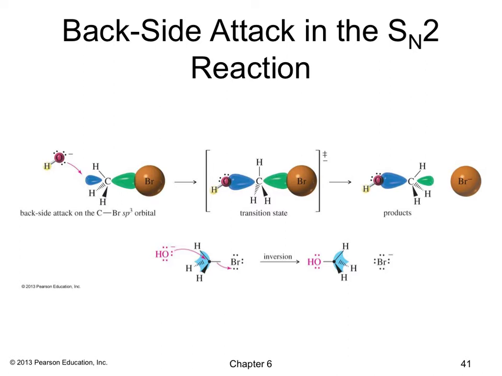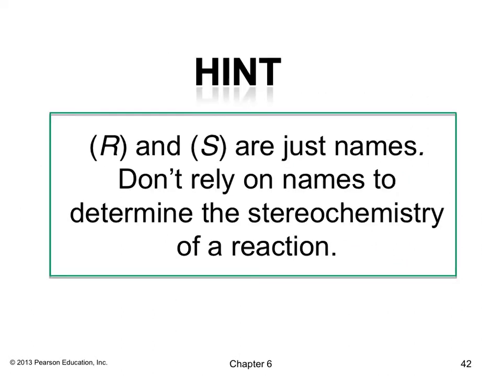So you now took this and then flipped it on the other side. And this is shown nicely as this umbrella model for the Walden inversion, in which you have attack come in, and now you've inverted the stereochemistry with a Br. In general, R and S are just names, so don't rely on the name to determine the stereochemistry of the reaction.